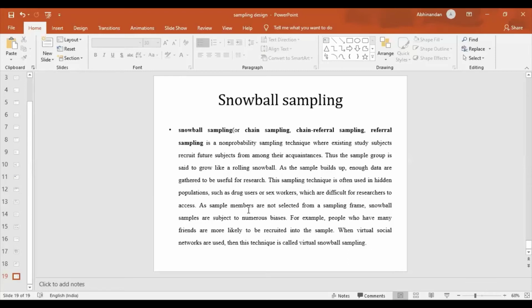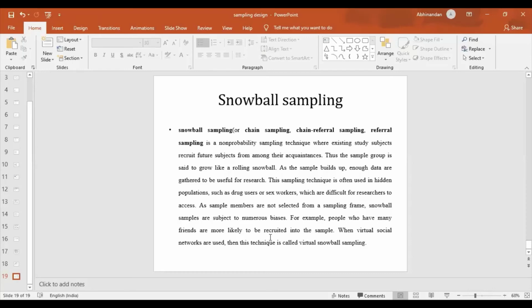As sample members are not selected from a sampling frame, snowball samples are subject to numerous biases. For example, people who have many friends are more likely to be recruited into the sample. Here, the first level of sampling units selects the next level of the sample. As and when the level goes, the size of the sample increases. Therefore, it is called snowball sampling.